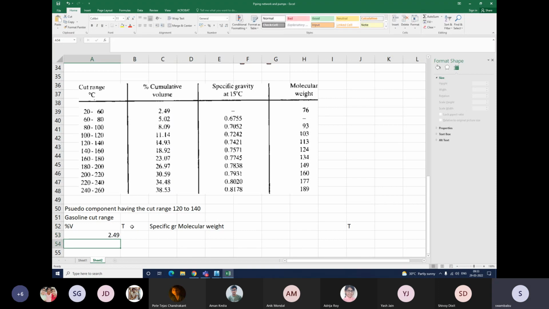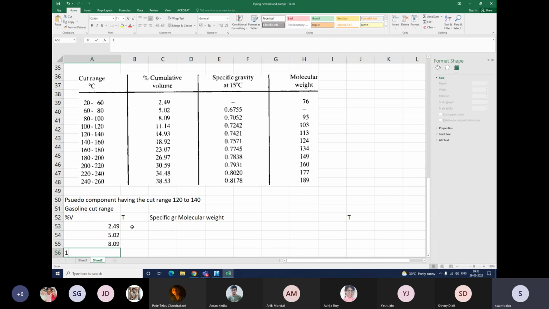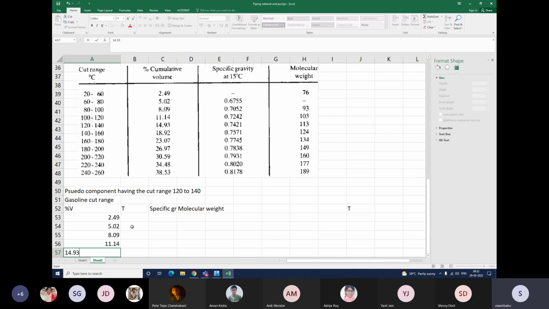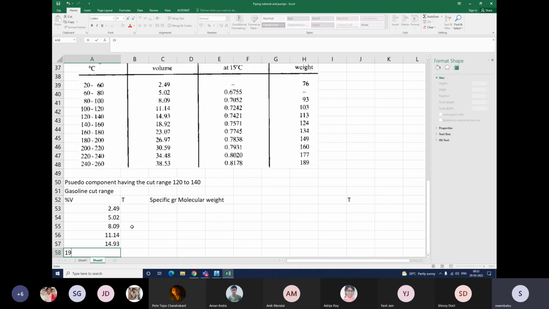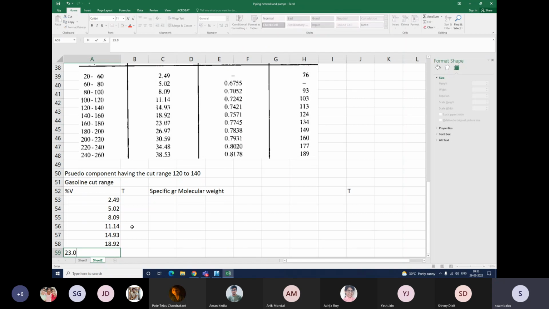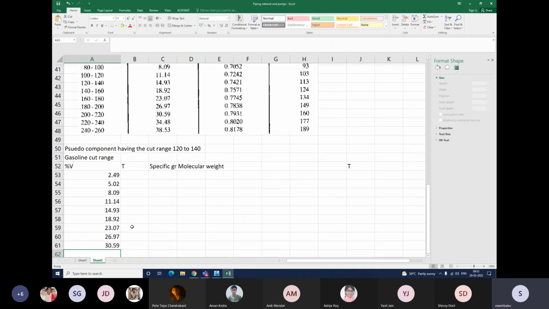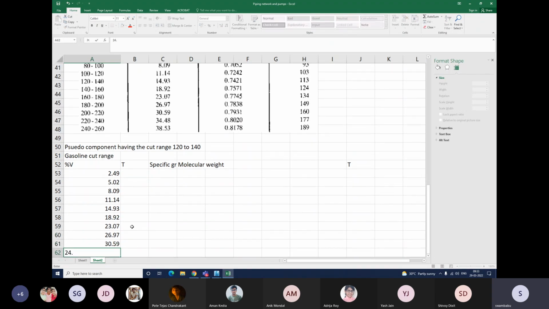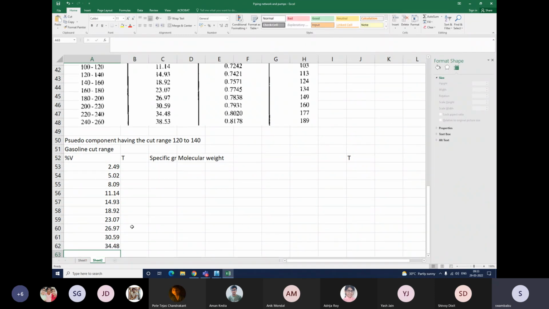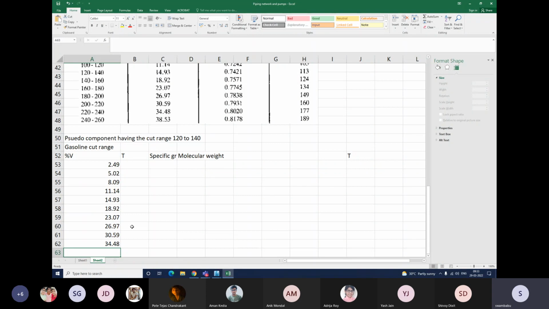The percentages are 2.49, 5.02, 8.09, 11.14, 14.93, 18.92, 23.07, 26.97, 30.59, 34.48, 38.53.